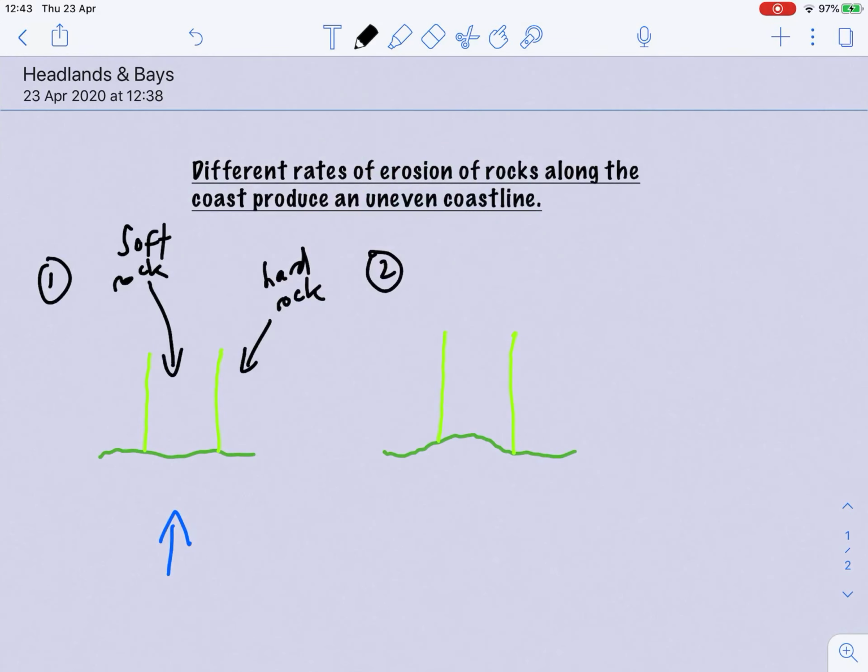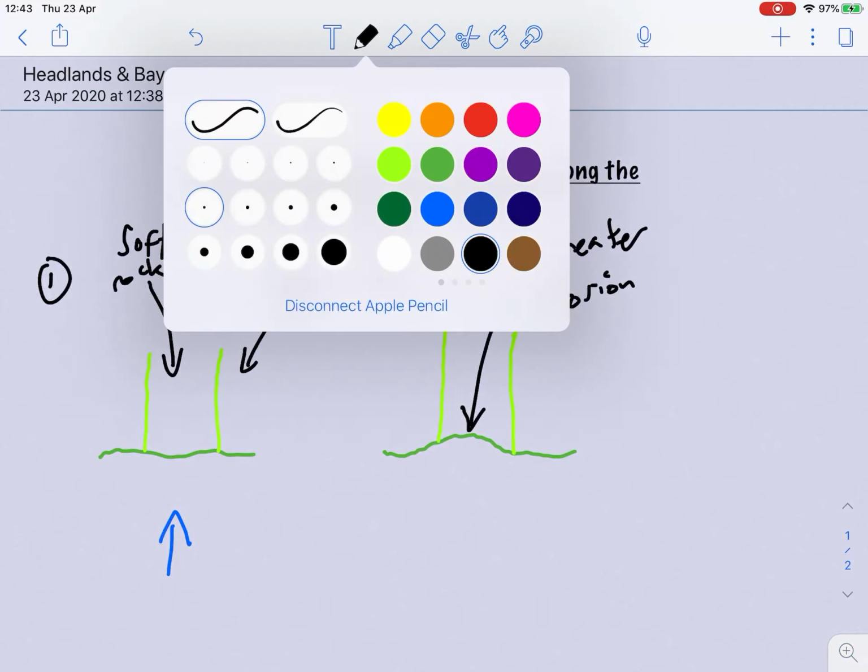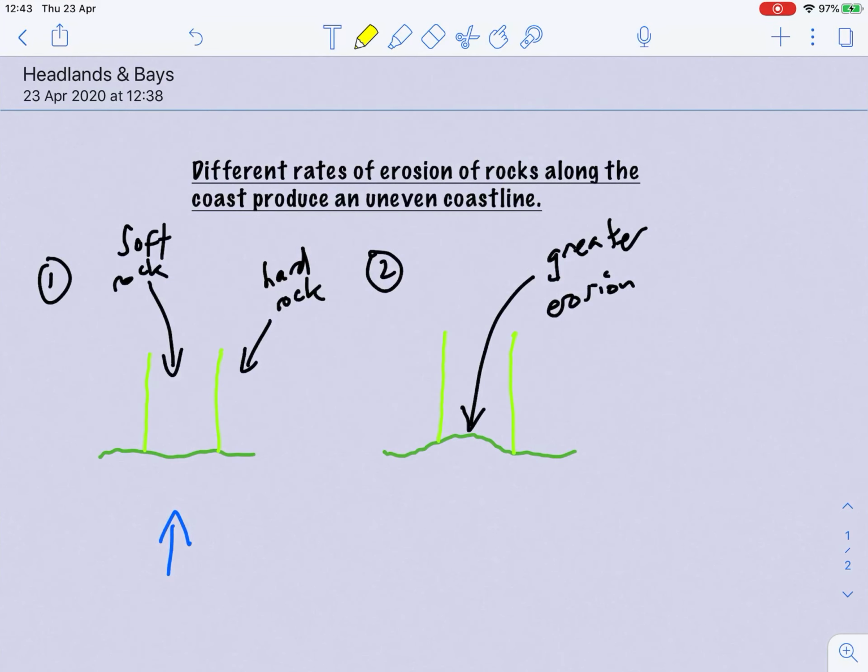But the only label that we add here is to the centre section: greater erosion. So, as we'd expect, the softer rock is eroded more rapidly. The coastline begins to change shape. We then also begin to see some deposition of material at this stage.